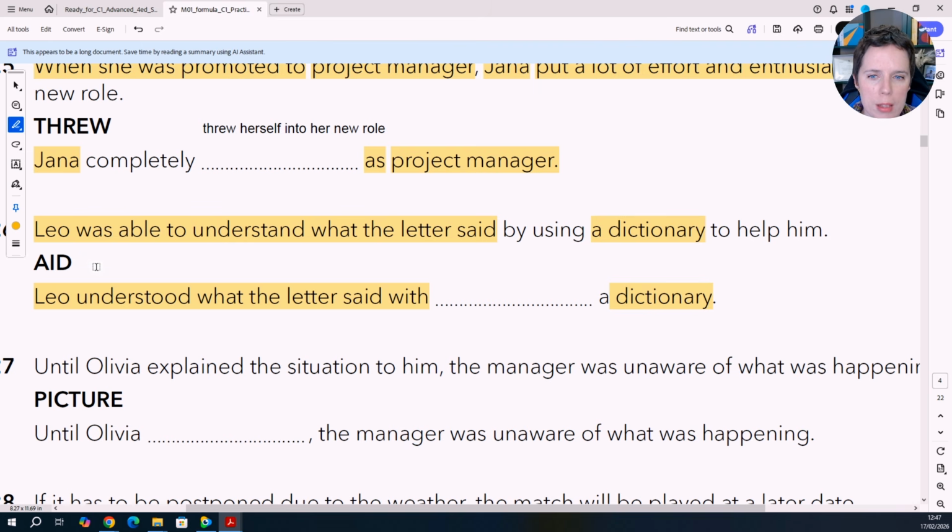Okay, first of all, is aid a verb or a noun? It can actually be both. But we need to figure out, now that we've highlighted and we know what we've got left, what does aid replace from this first sentence? What is this going to replace? By using? To help him? What's it going to replace?